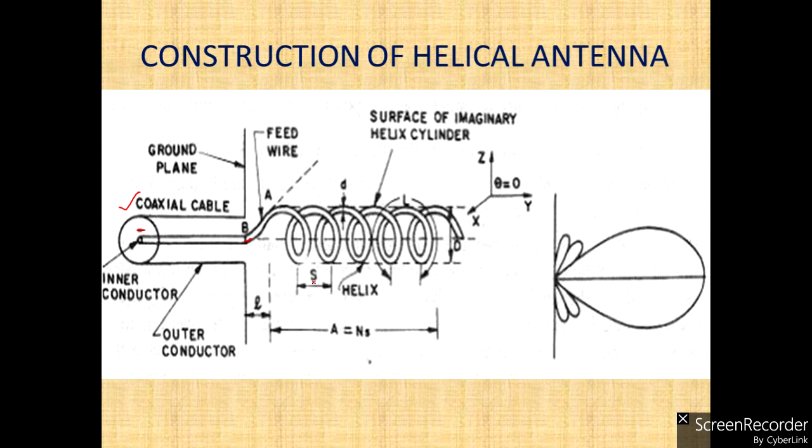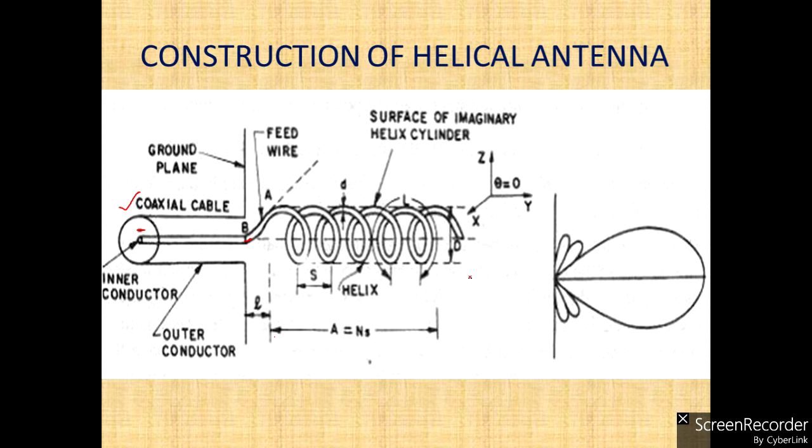Okay. And then capital A means the total number of turns into the distance, so we get the length of this helical antenna, right?